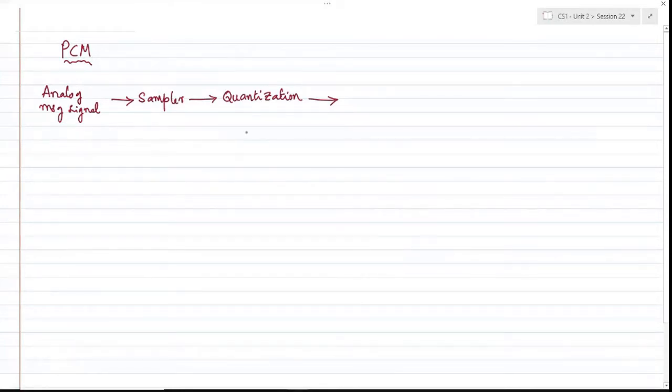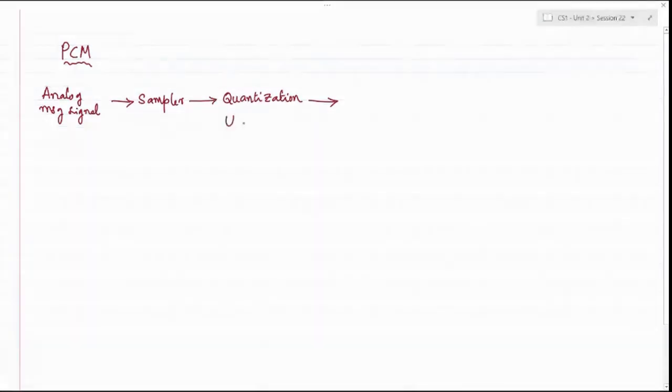In uniform, we took two types further. One was mid-tread and mid-rise type of quantization. In non-uniform quantization, we talked about several other types as well, and we took a few cases of non-uniform quantization in terms of A law and mu law.